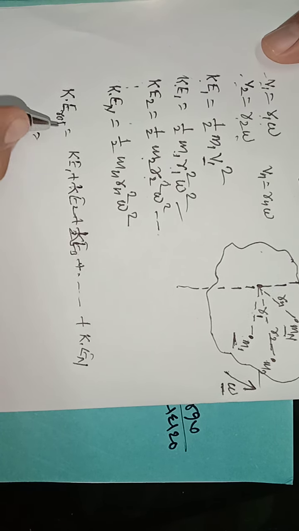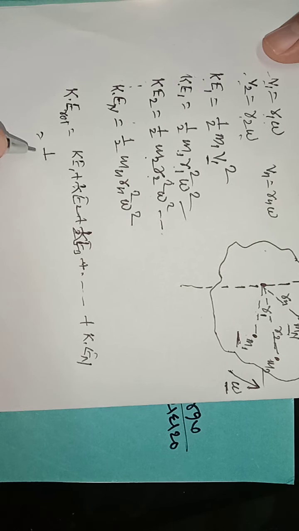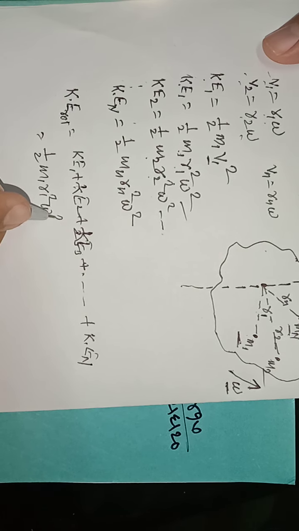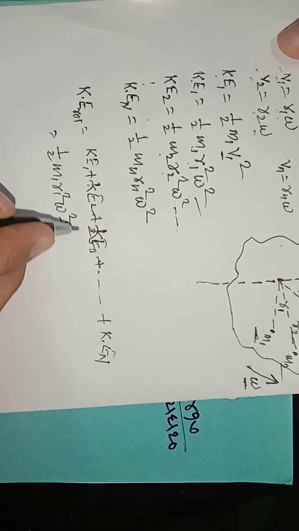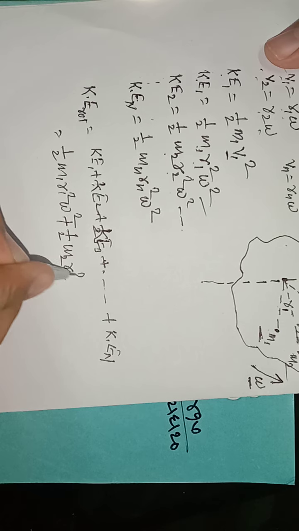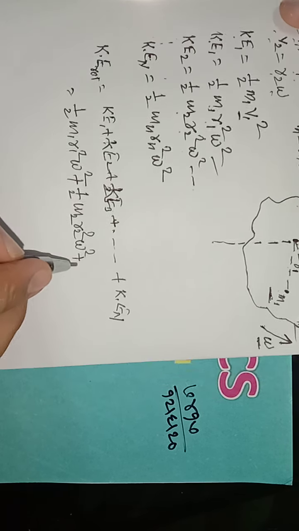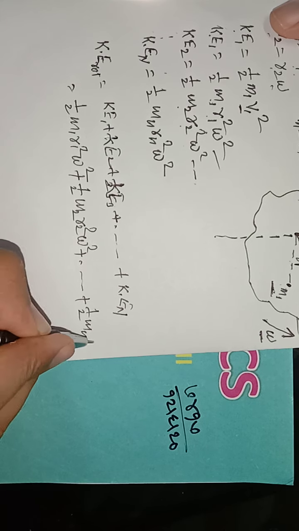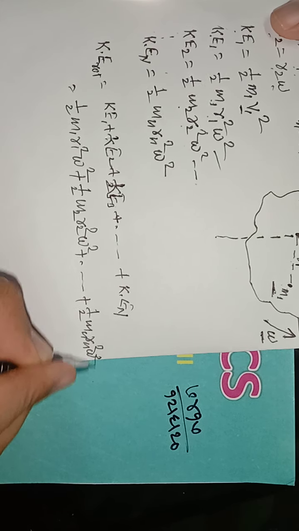Put in the magnitudes we already calculated: first KE1 is half m1 r1 square omega square, plus KE2 half m2 r2 square omega square, plus and so on, last one half mn rn square omega square.